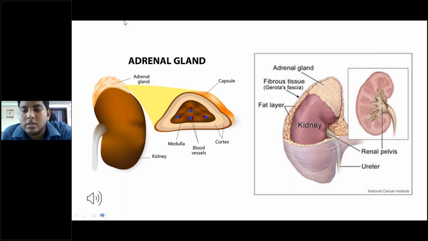So if we take a look at the right side of the image, the paired suprarenal glands sit on the top of each kidney.